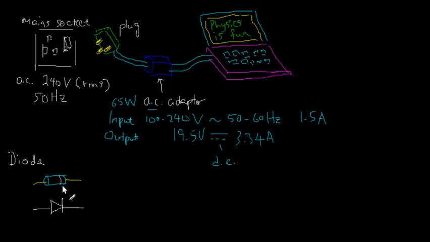And if you remember, the function of a diode is that it only allows current to flow in one direction. So current can flow this way, but currents cannot flow the other way. So if I try to connect this to a battery the wrong way around, no current will flow.